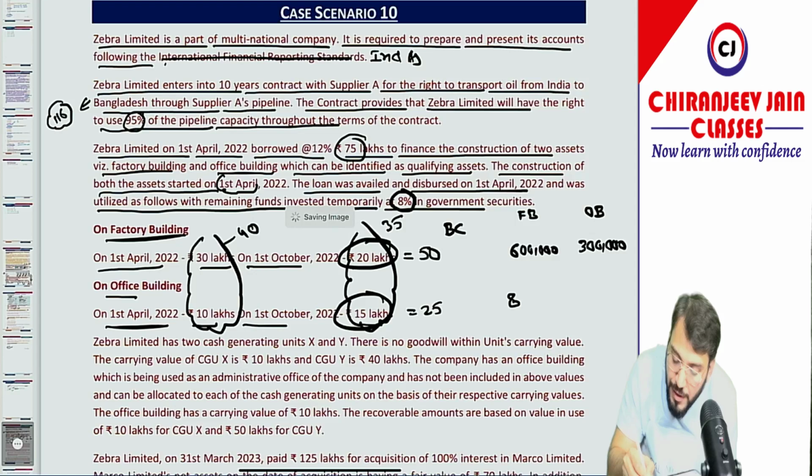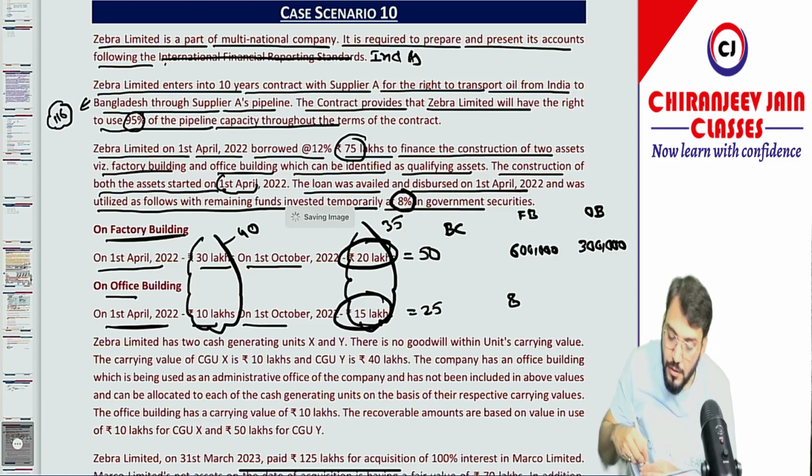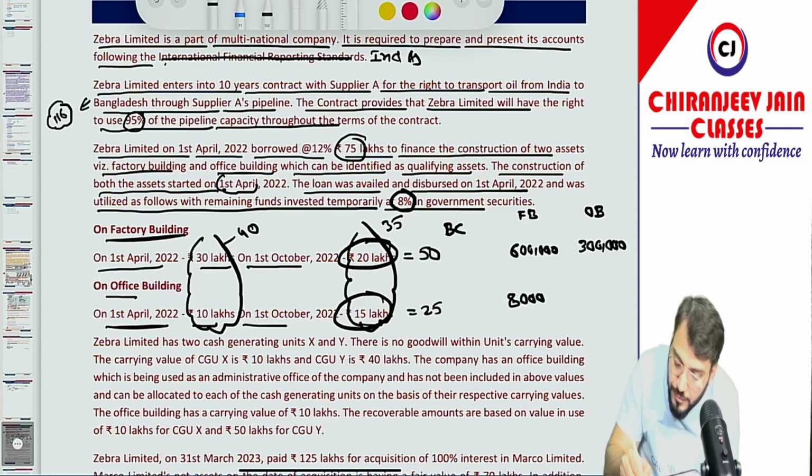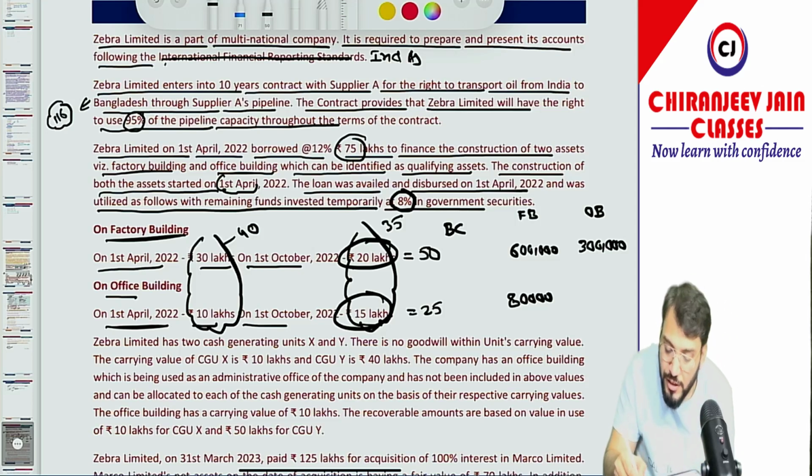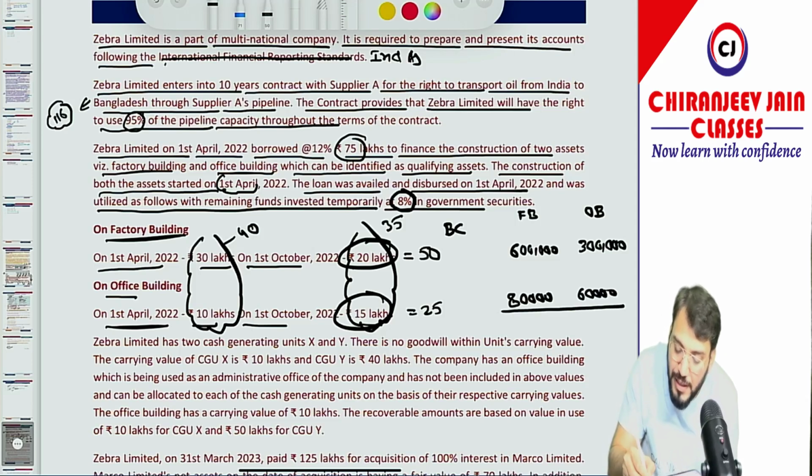So 80,000 will be income earned. Got this point? And 15 lakh into 8% into 6 by 12 is 60,000. So the amount of borrowing cost to be capitalized will be 5,20,000 for this, and this will be 2,40,000. I hope you have understood this.